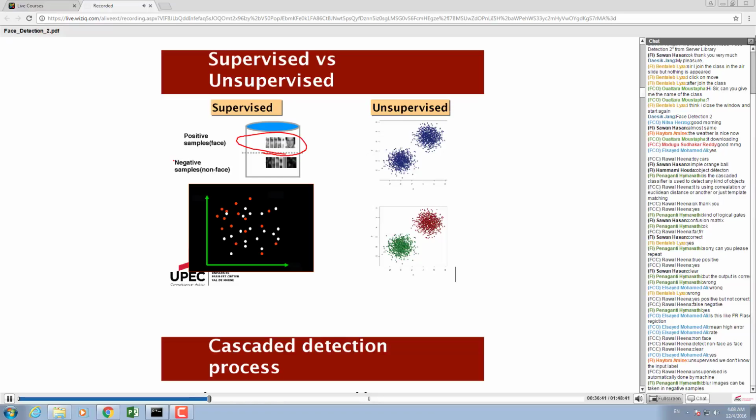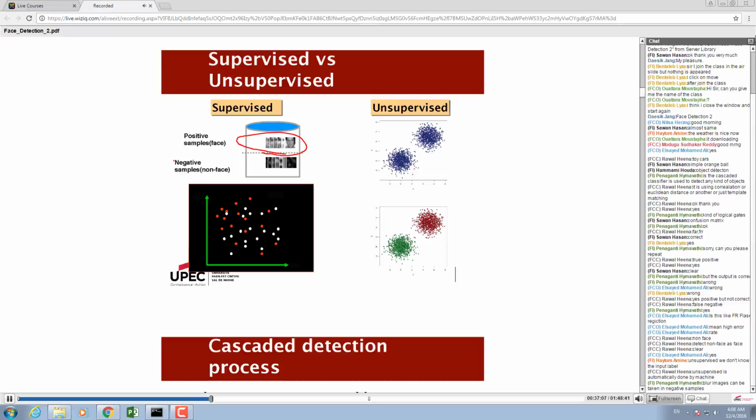Okay. So in case of unsupervised, we are not giving this information. We just input face images, we just input non-face images, positive, negative, all as one database. Okay. So we don't give that information. So this unsupervised learning system does not have that information, which one is positive, which one is negative.